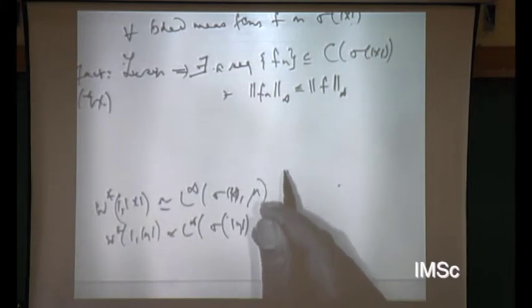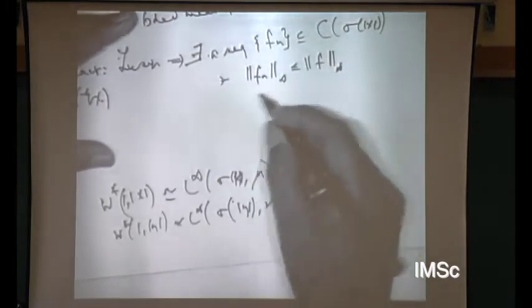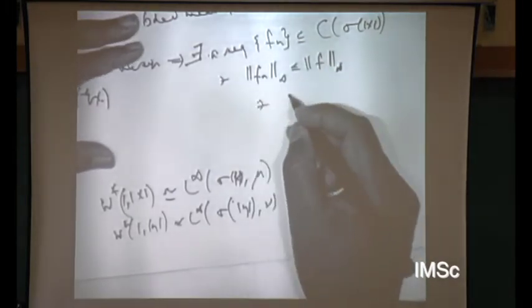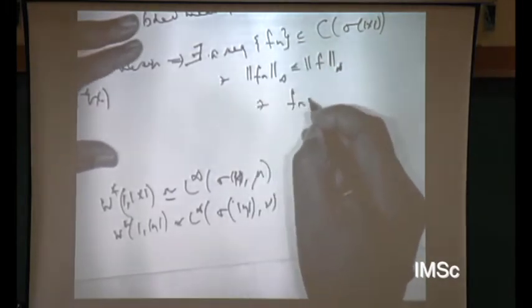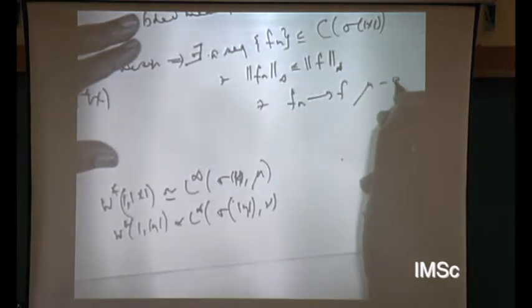They are actual bounded functions, there is no null set or anything, just the sup norm. I can find such functions such that f_n converges to f mu almost everywhere.